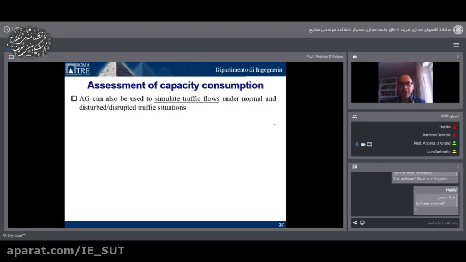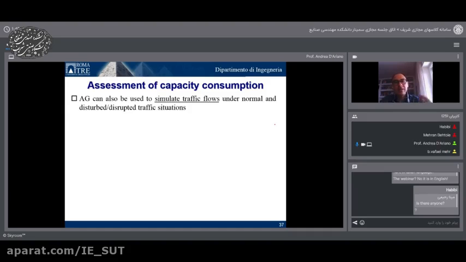In this context, they asked Delft University of Technology and our research group at that time, when I was in Delft, to assess different types of signaling systems and positioning of the signaling system, and to do this through simulation.